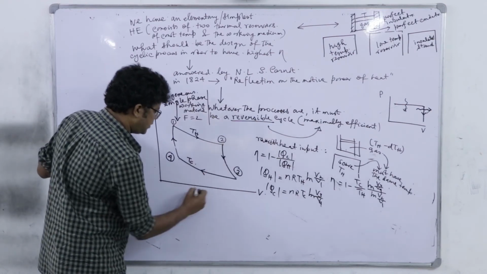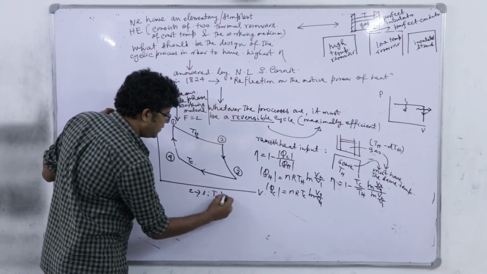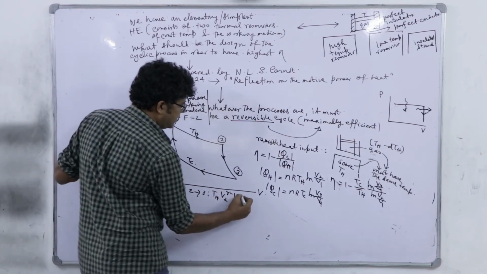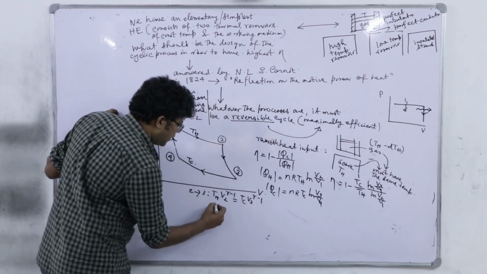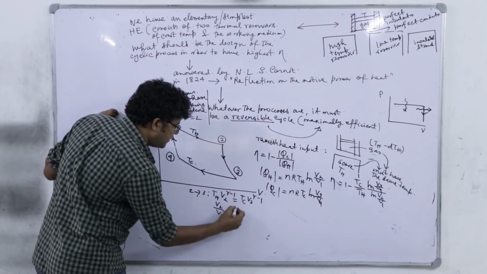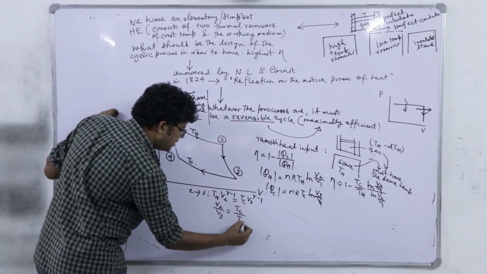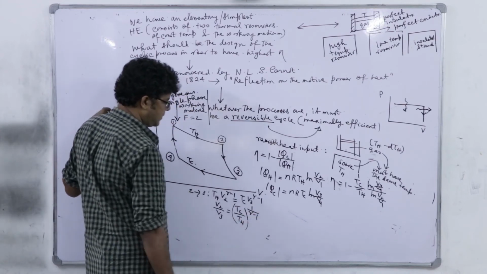So for 2 to 3, we can write Th into V2 to the power gamma minus 1 is equal to Tc into V3 to the power gamma minus 1. So V2 by V3 equals Tc by Th to the power 1 by gamma minus 1.